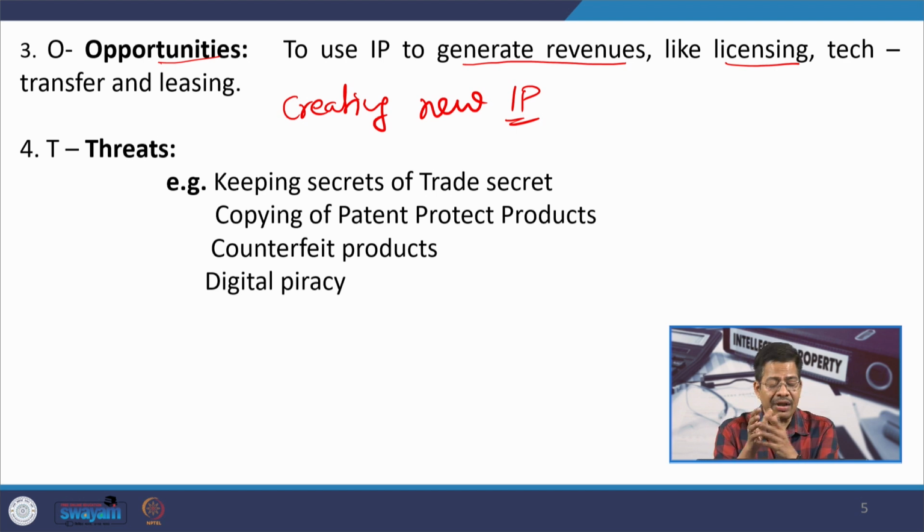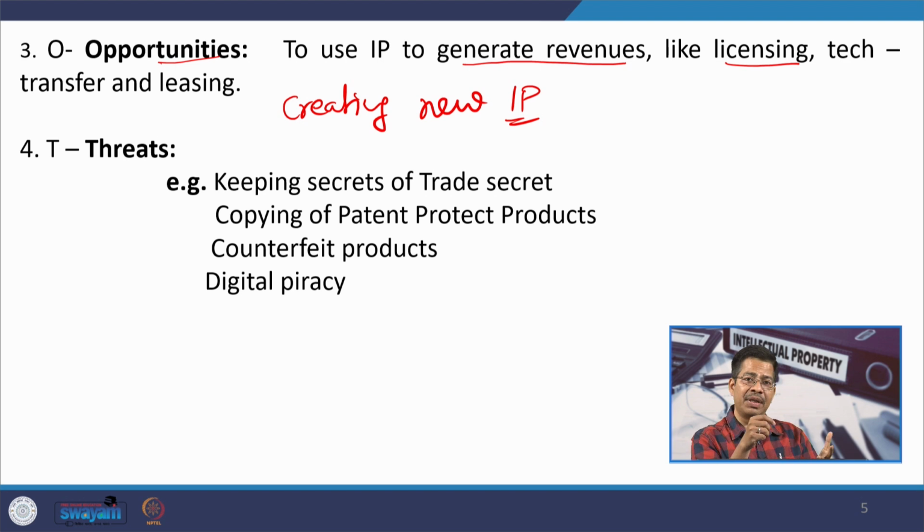Threats are also there if I am spending less on my R&D activities. It is quite possible that my competitors do better R&D and understand the importance of IP better than me, and therefore my portfolio is weaker.